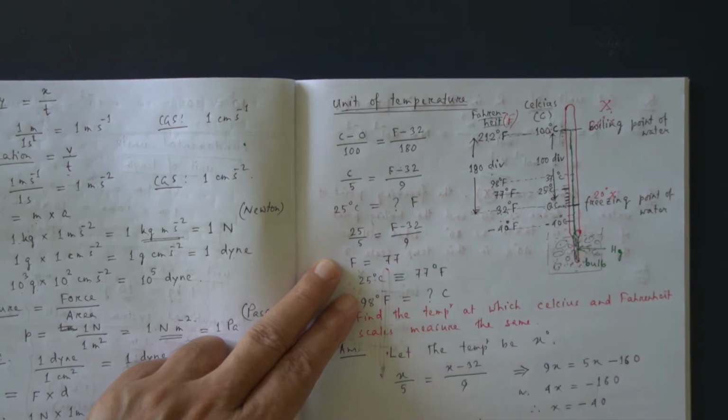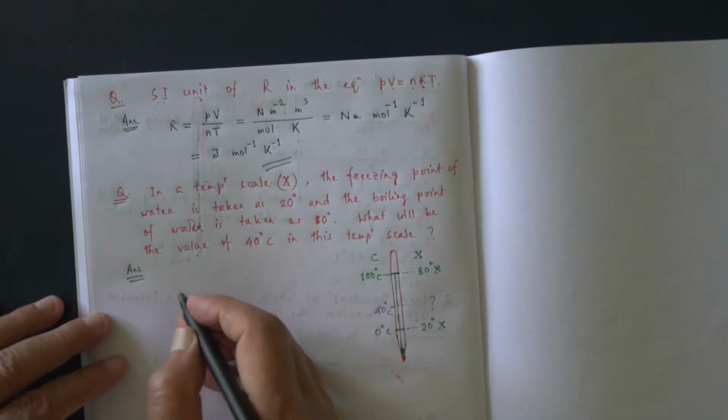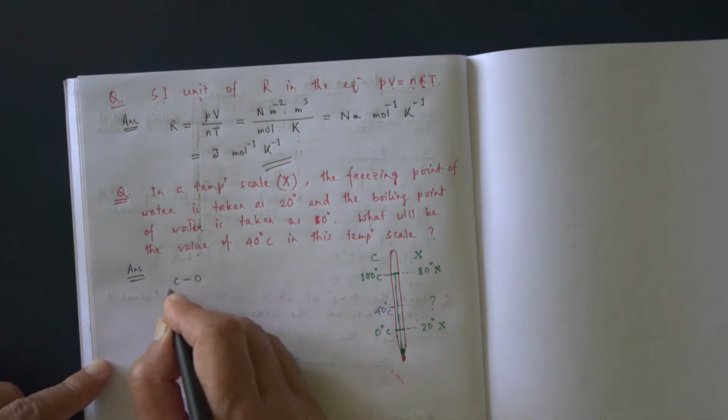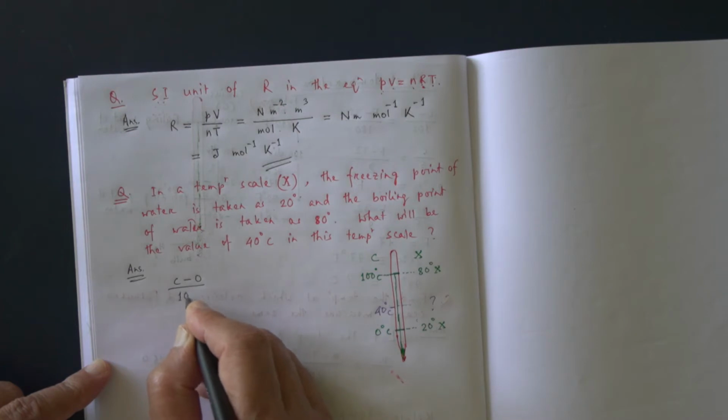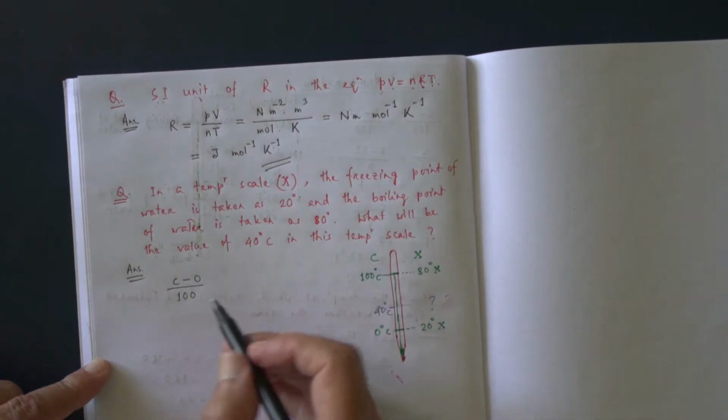Okay, so how we write the relation here? Again, C minus 0 by 100. Same, this is same. Celsius, C Celsius.